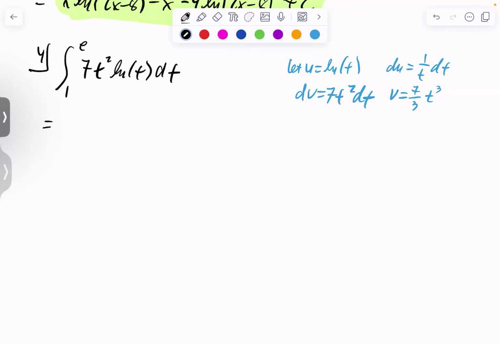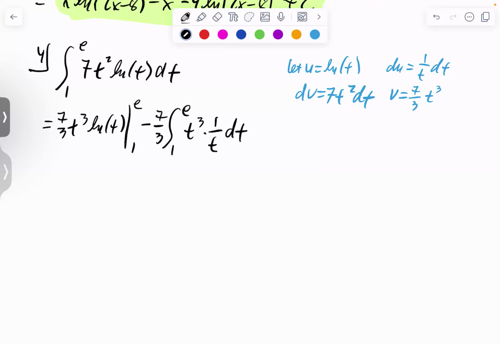So this becomes, I'm sorry, uv, 7/3 t cubed ln of t from 1 to e minus the integral of 7/3, I pulled the 7/3 out, t cubed times 1 over t dt. And there's no plus c on this one because it's a definite integral. So we're going to evaluate these in just a moment.